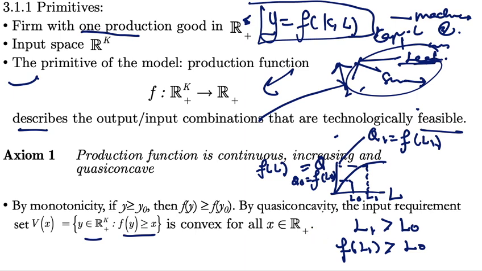Basic maths says that if a function is quasi-concave, then the inverse of this function is a convex set. So we initially talk about a production function which is continuous, increasing, and quasi-concave.